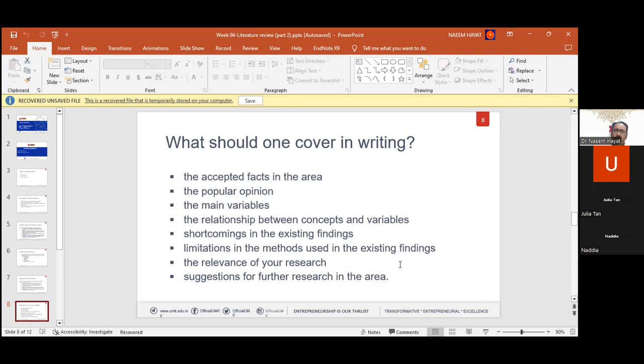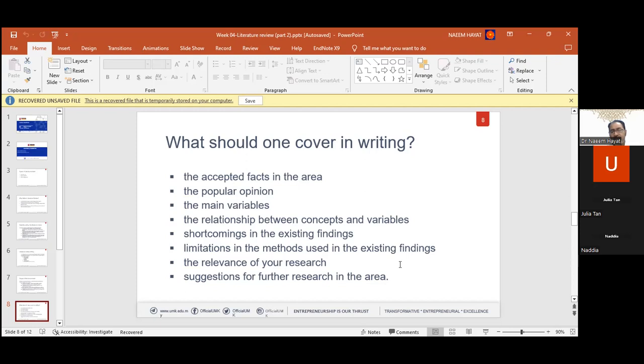In some way we need to relate the relevance of the research to the world, as well as the justification, beyond the scholarly work, of how it helps to achieve sustainability in practical work. Lastly, we must cover the suggestions for future research. So these are some of the things that we need to cover.